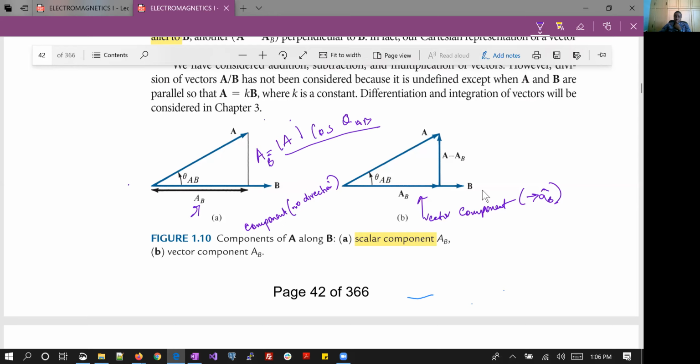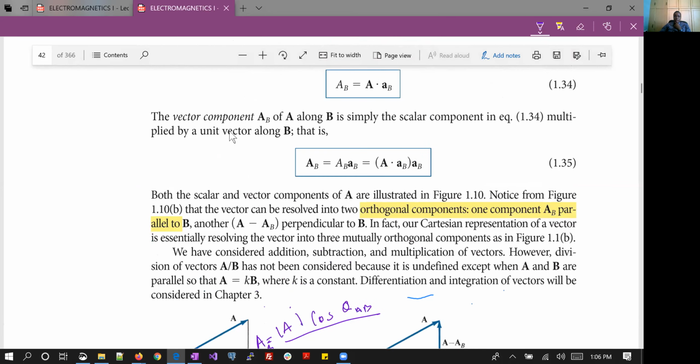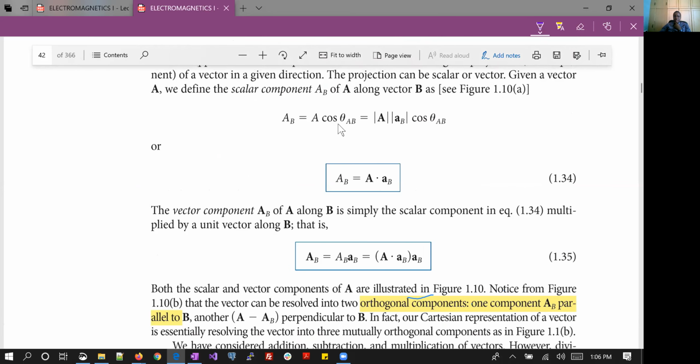And similarly, we have seen that this AB becomes A cos theta AB, which can be expressed as vector A dot unit vector AB. It's just simply mathematics to tell you that it will still become in this form. That is a scalar component AB.